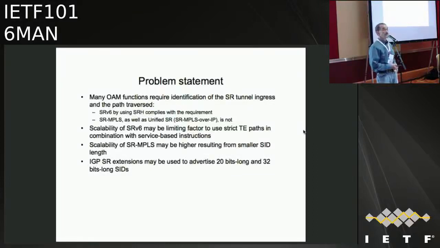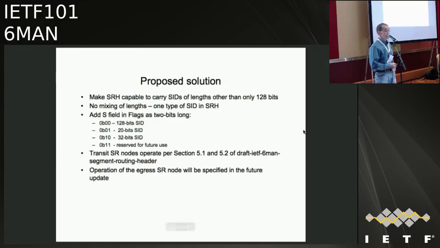And to support this, IGP extensions for segment routing are already capable of advertising 20-bit long SIDs as well as 32-bit long SIDs. So what do we propose?